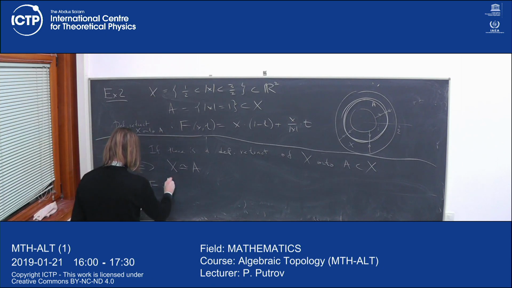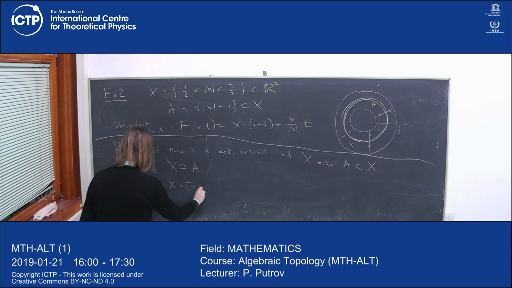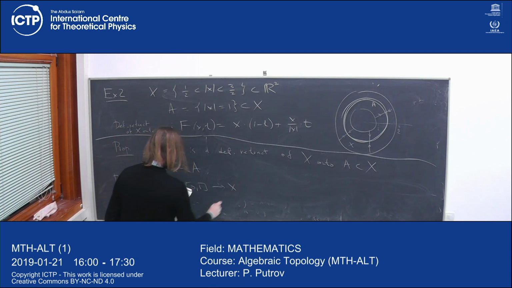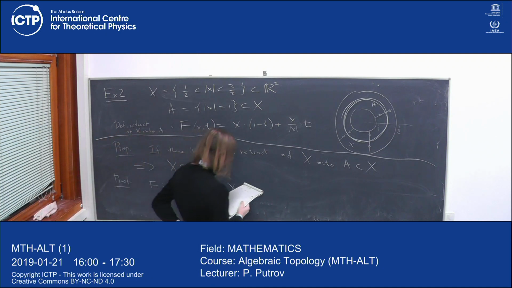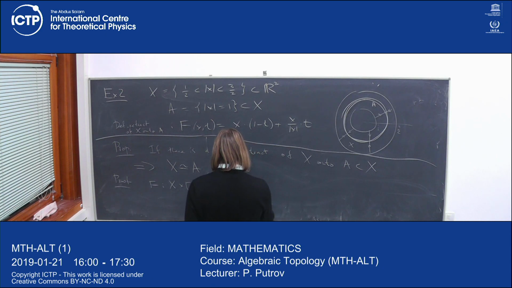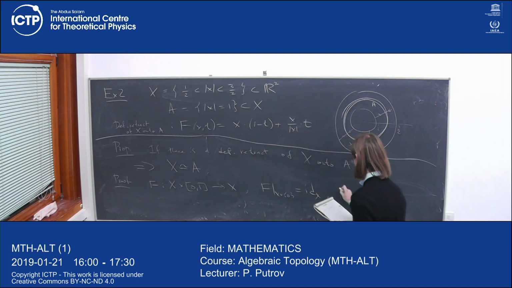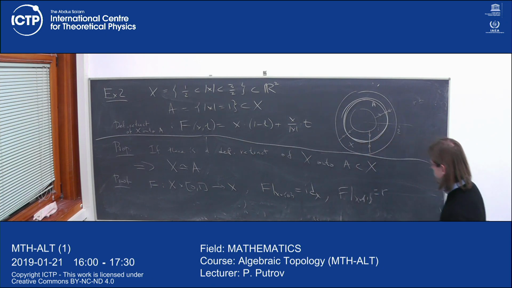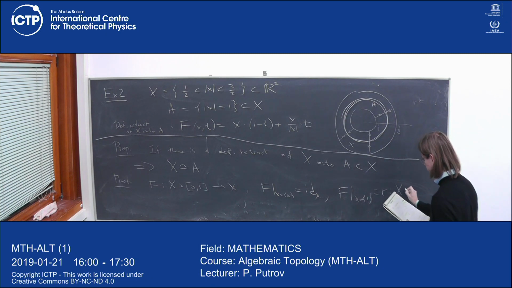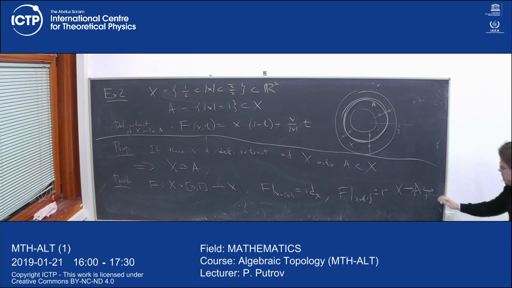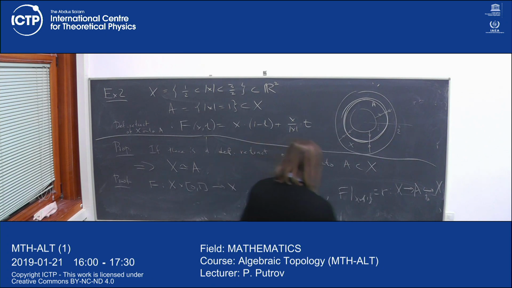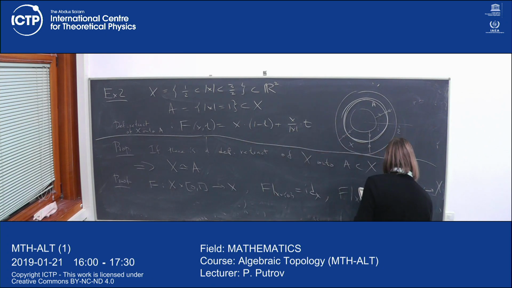By definition of deformation retract, we have the following homotopy from X times [0, 1] to X, so that at the beginning it is equal to the identity, and at the end we have some retraction R from X to A, which we can compose with the embedding, which I will explicitly denote by i_A, from A to X, so that R restricted to A is the identity.